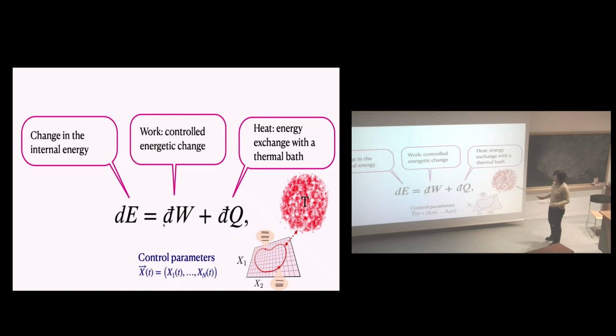And we can identify two types of changes of the internal energy. One is identified as work, which is due to the changes of these control parameters, and the changes in the internal energy which are due to exchanges with the thermal bath are the ones identified as heat.